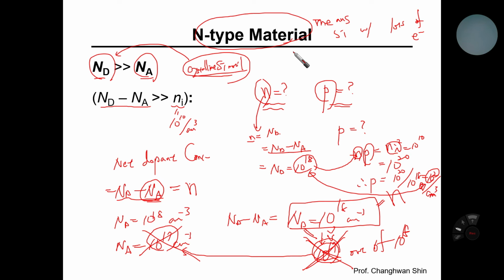When people say this is n-type, you should always think that this silicon sample has a bunch of donor atoms compared against the acceptor atoms, so that it has a tremendous amount of free electrons. And that electron concentration is totally controlled by the donor concentration, because the donors are implanted into the silicon material.